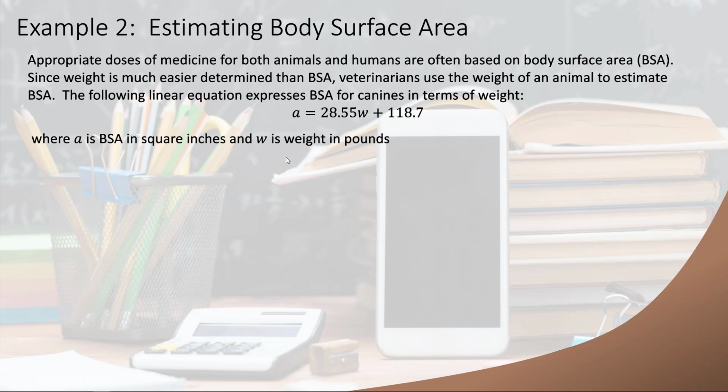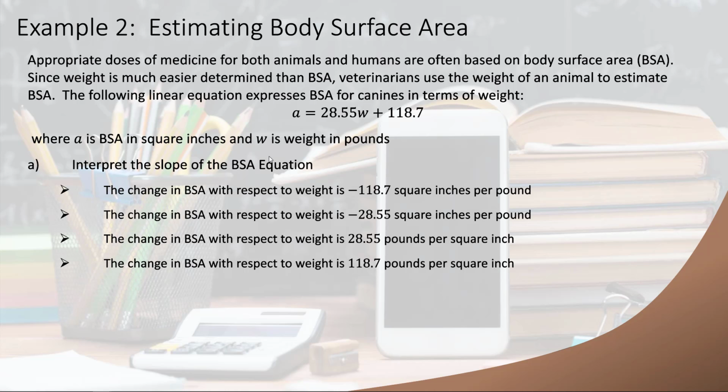Okay, so the first thing that you're going to encounter is this question: interpret the slope of the BSA equation. And in MyMathLab you are going to get four options. They will look something like this. The first option says the change in BSA with respect to weight is negative 118.7 square inches per pound.